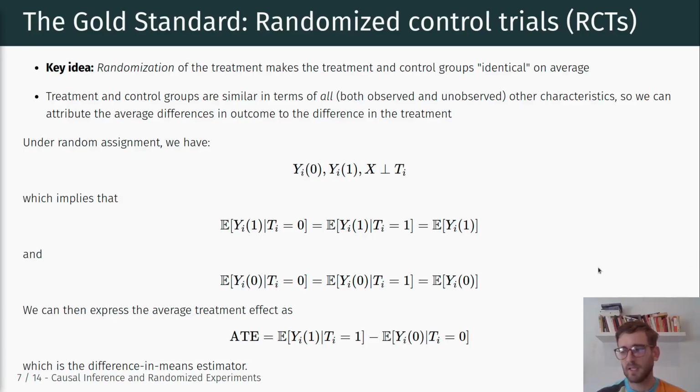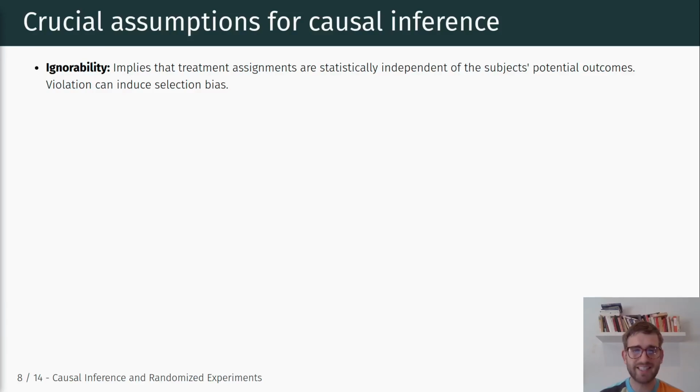Okay. Now, there are a couple of crucial assumptions when we're making causal inference in the context of experiments, but also beyond. Some of those are also discussed in our readings, so I just want to mention them really quickly. The first one is ignorability.